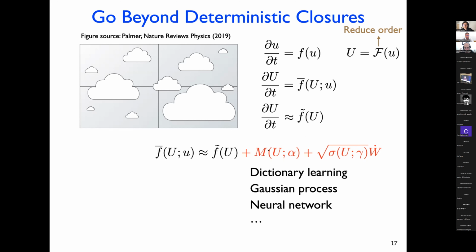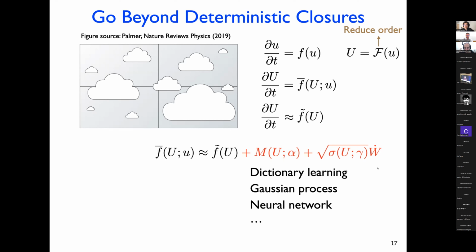For the deterministic error model term, and also for the diffusion coefficient of the stochastic term, as both of them are unknown functions, we can parameterize them either by using dictionary learning, Gaussian process, or neural network. And for the W dot here, it just denotes the standard Wiener process.